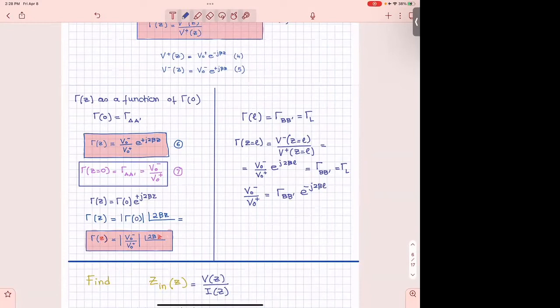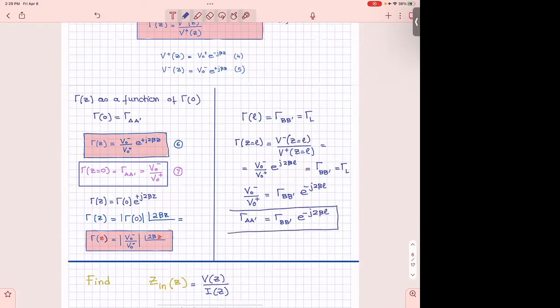Okay, and therefore, the reflection coefficient in the beginning of the line is equal to the reflection coefficient at the end of the line, all right? And has this phase difference between the two.